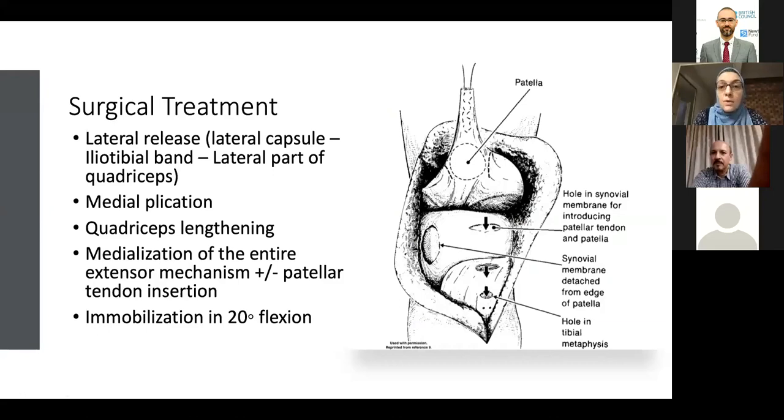Later authors do not concur with moving the whole insertion site of the patellar tendon. So they split the patellar tendon in half longitudinally, and they medialize the lateral half so that they have a secure attachment, or a secure footprint, of the patellar tendon on the tibia in case the new insertion is not fully healed.